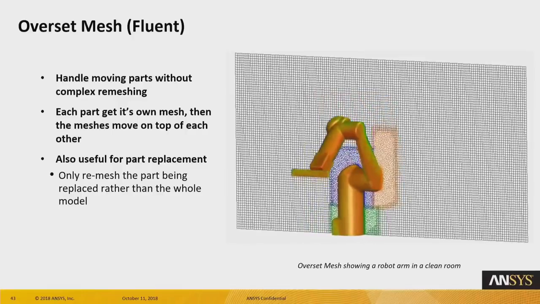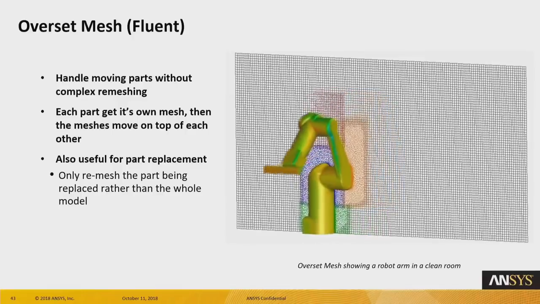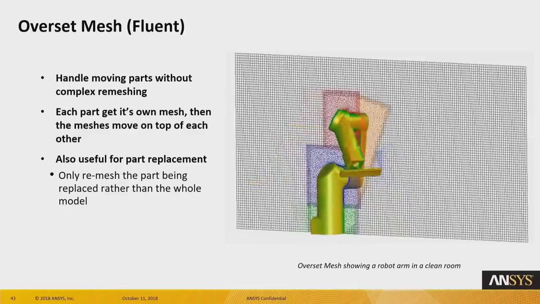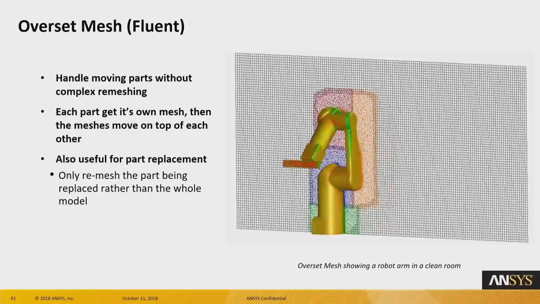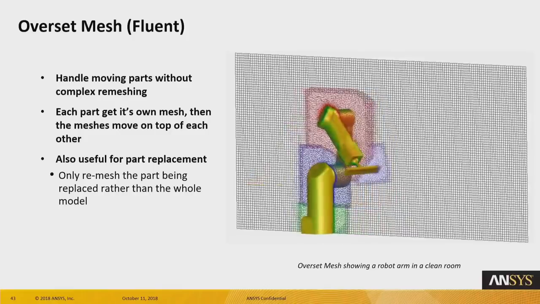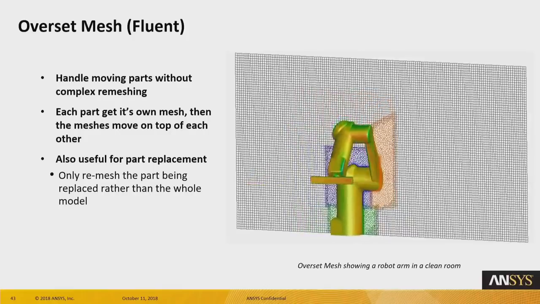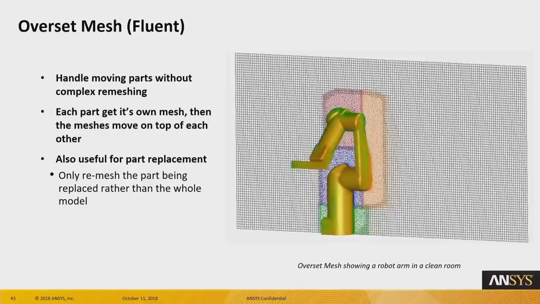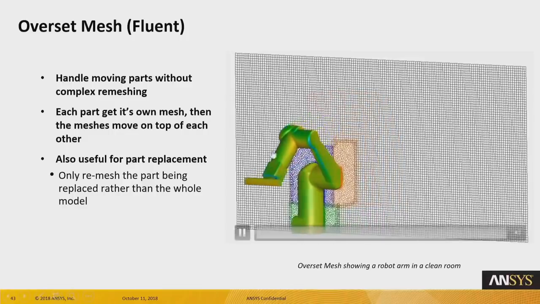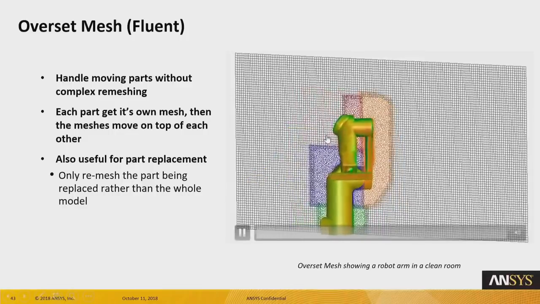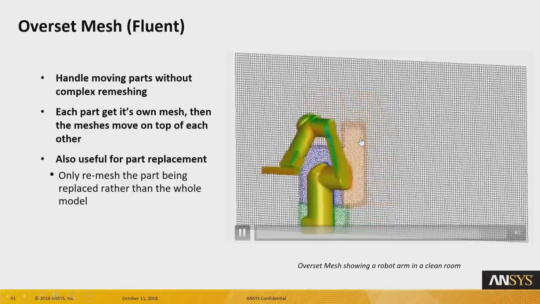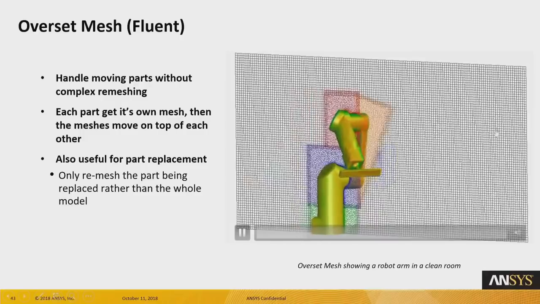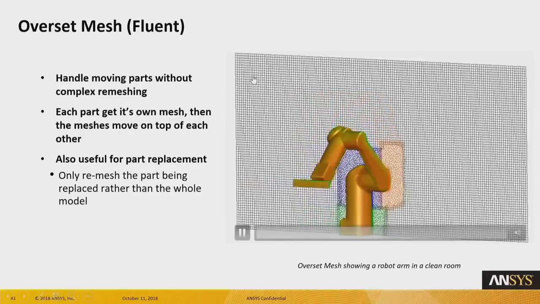You would have to go back, change the CAD, discretize the mesh again, generate a brand new mesh, set up and solve the problem, and only then have the solution that you need. With the overset mesh, it has components that follow the individual parts. You can see that each individual part is meshed in a separate component, and then this is imposed onto the uniform background mesh.